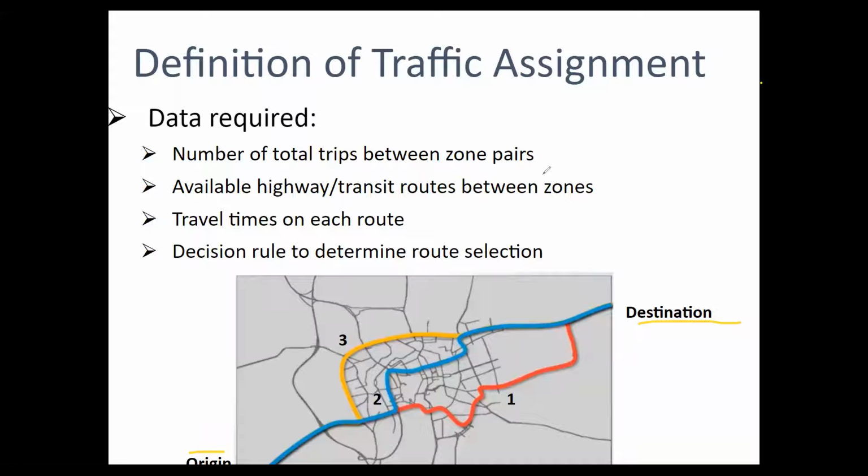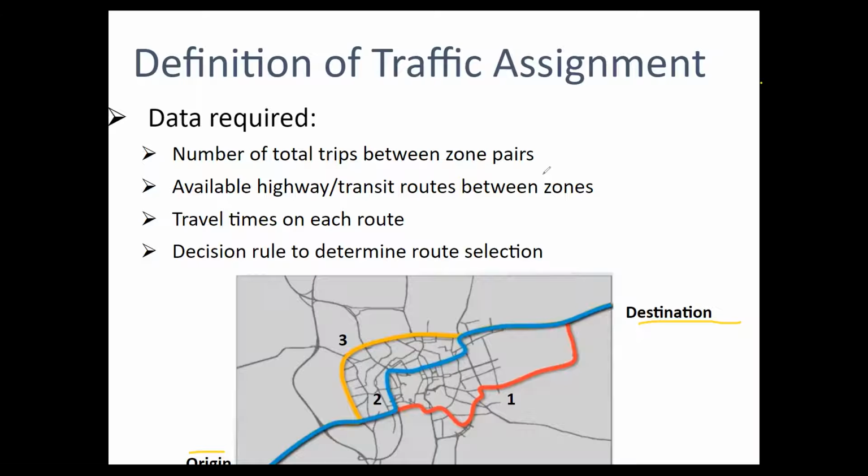Right? So anytime there are more than one route, you need some sort of decision rule to figure out what that distribution of flow would look like. But there is a wrinkle to this, and it is a very important concept in transportation planning and travel demand modeling and simulation modeling as well. When I say the third item, the travel time on each route, the travel time, generally speaking, is not a constant.